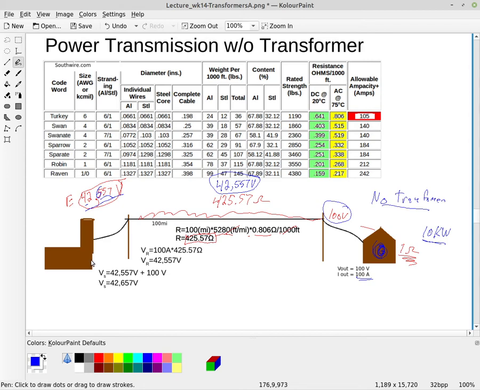But if you look over here, 42,000 times 100 is going to be 4.27 megawatts. They're going to have to generate something like 4.27 megawatts to get 10,000 watts at my house through this 425 ohms of resistance.